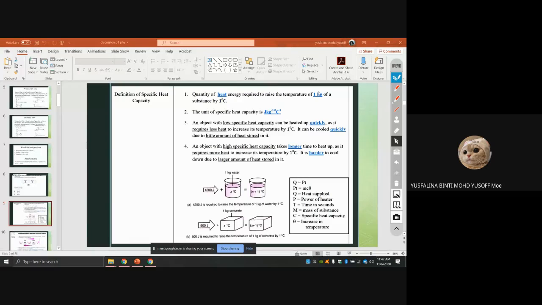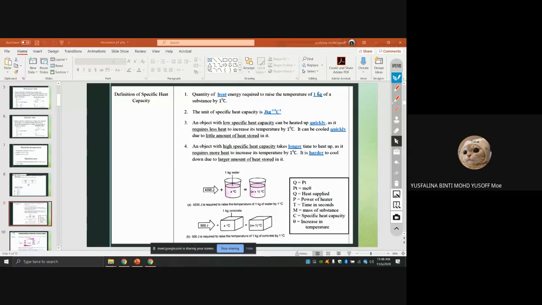That's the difference between low and high specific heat capacity. And if you compare them, the object will cool faster for the low specific heat capacity.